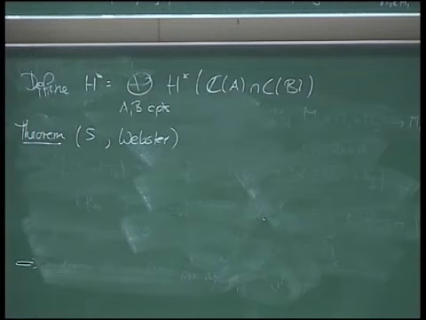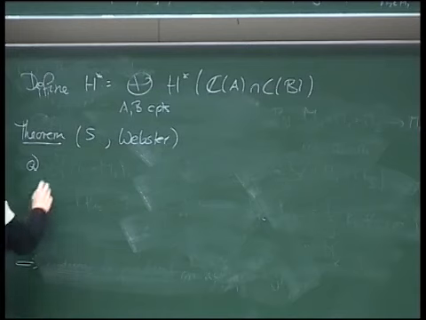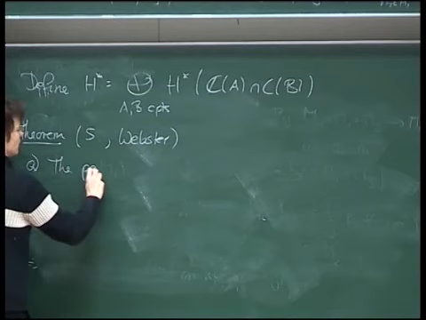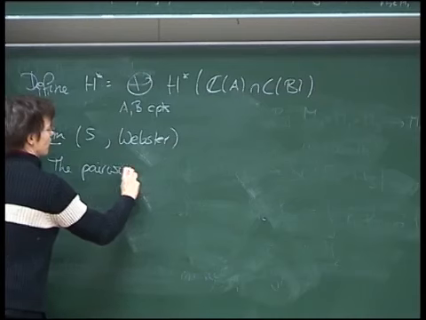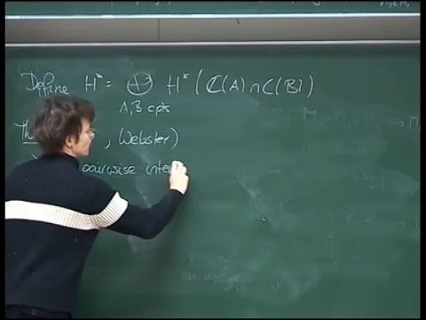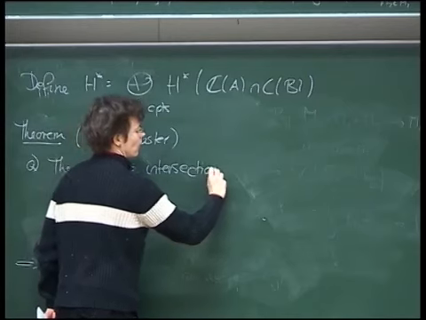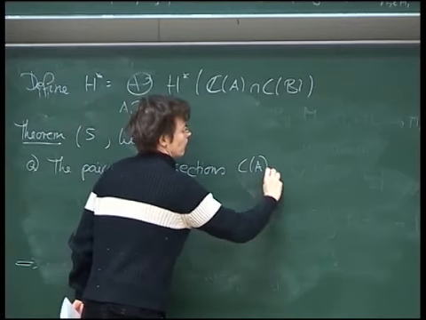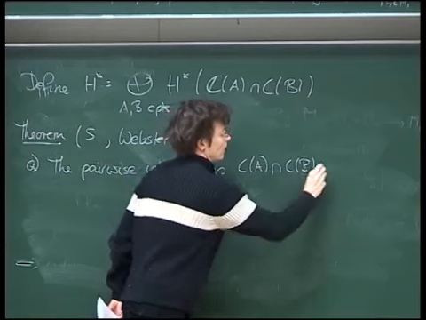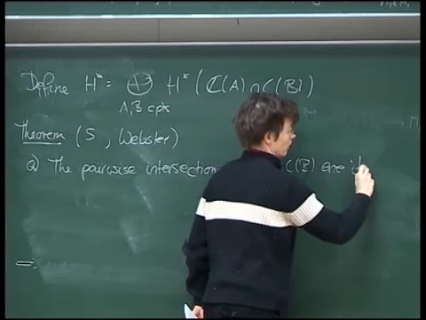The first statement of the theorem says that the components, or even the pairwise intersections of the components, are iterated P1 bundles.